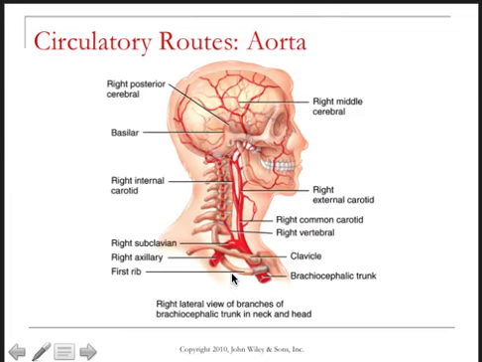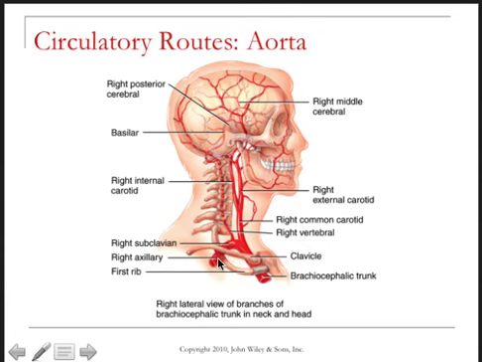Up here, you're looking at some of the major feeds to the brain. Again, here's the clavicle, a major landmark. There's the brachiocephalic trunk. There is the right common carotid, and here is the right subclavian. So carotid to the brain, subclavian to the arm. As it passes under the clavicle, it becomes the axillary.